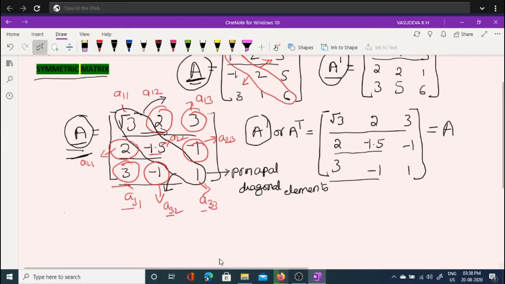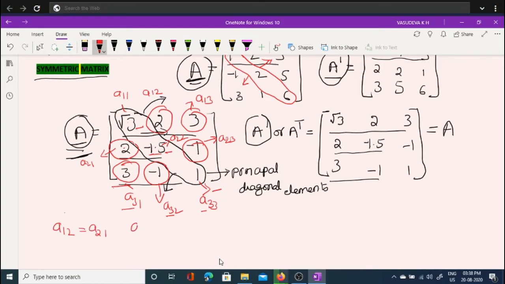So now what are the principal diagonal elements' characteristics? See, they have the same suffixes. See, this is A11, this is A22 and A33. And what are these elements? You observe that the element A12 is same as A21 here.